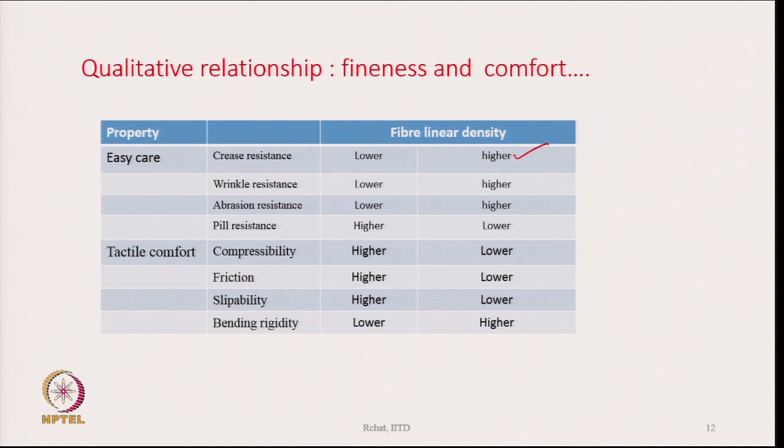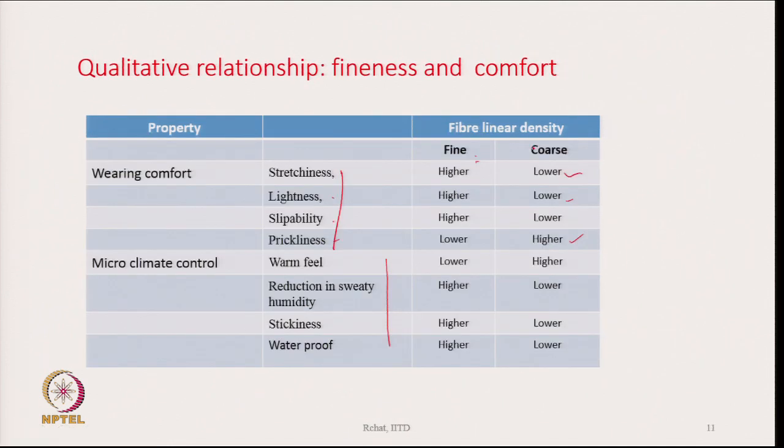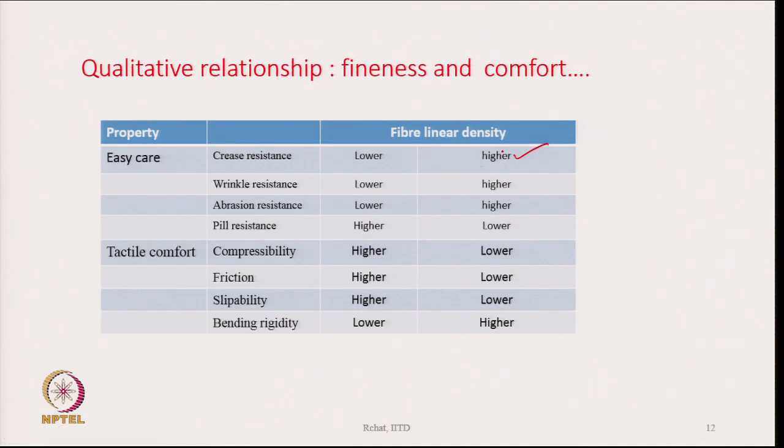On the right hand side, the extreme right hand side column is coarse, and the column just before that is fine. So, if we go for coarse fiber, crease resistance is going to be higher.